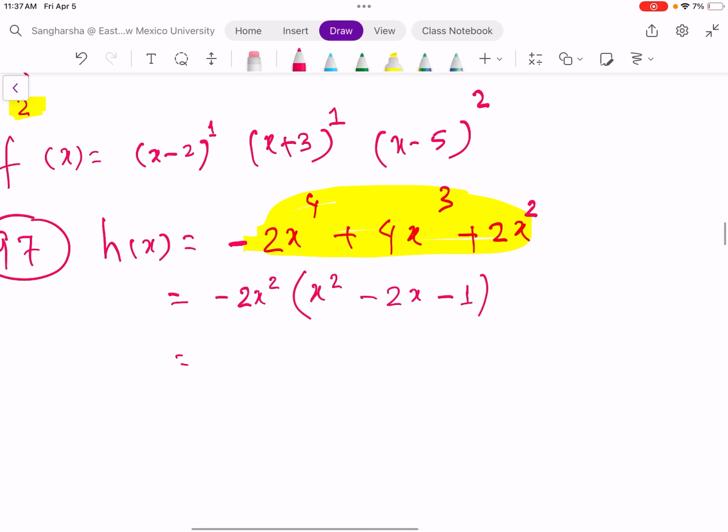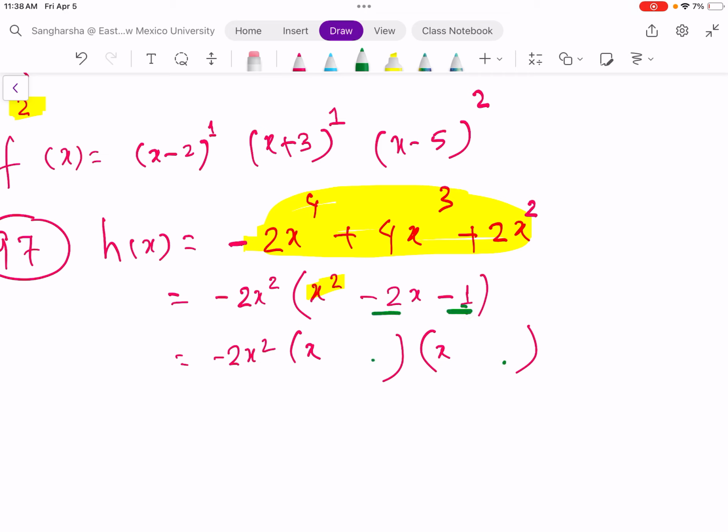Now this is a trinomial. We can factorize using the FOIL method. What are the first terms whose product is x squared? The first terms have to be x and x, right? Now let's find two numbers whose product is negative 1 and sum is negative 2.